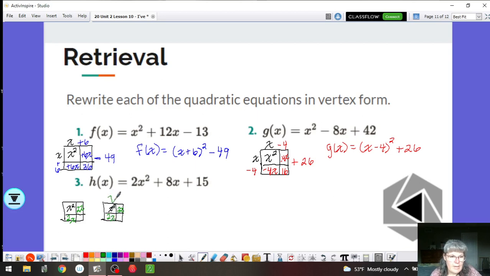So we will have x plus 2 for the dimensions of our squares. The units on each one will be 4. Now that's a total of 8 units. We need to get to 15, so we need to add 7. So this vertex form is h of x equals 2 times (x plus 2) squared plus 7.